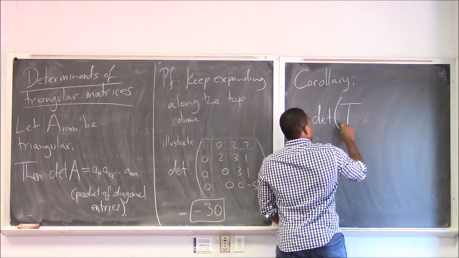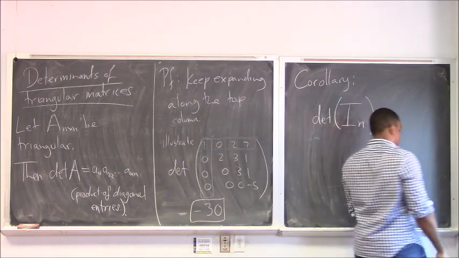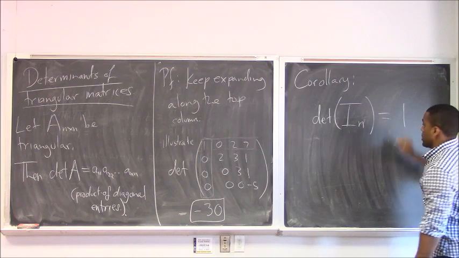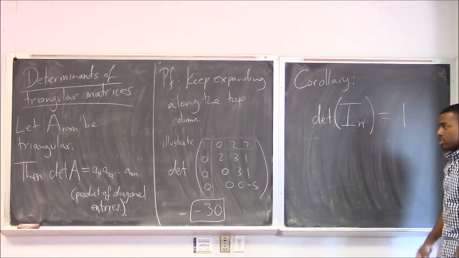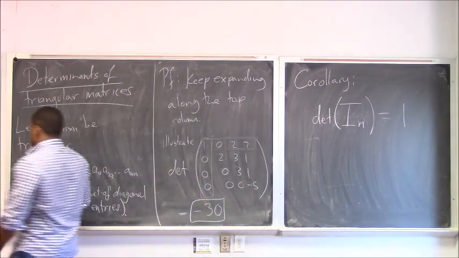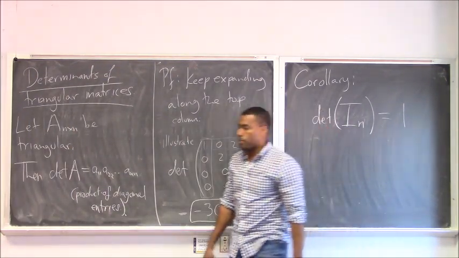The determinant of the identity matrix is 1. Because that's the guy where there are 1s on the main diagonal, 0s everywhere else. So any identity matrix, it doesn't matter what size it is, its determinant is going to be 1.